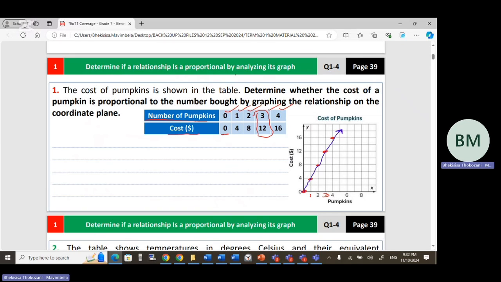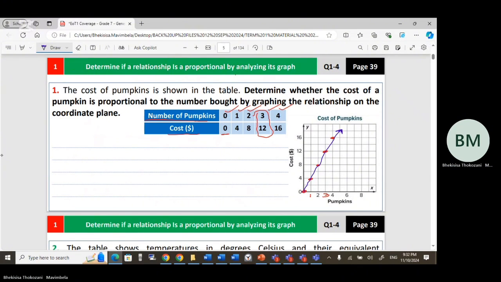Because the graph starts from 0, we can now say that the cost is proportional.